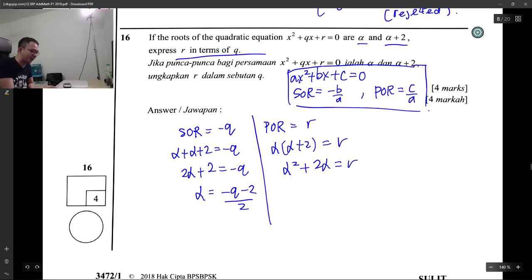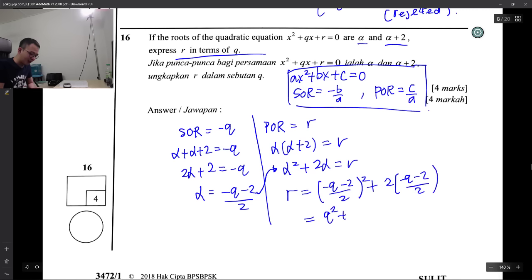Since I want r in terms of q, I will not move my r. I just sub my alpha into this equation: negative q minus 2 over 2. Alright, then I will expand this one. q squared plus 4q plus 4, over 4, plus negative q minus 2.